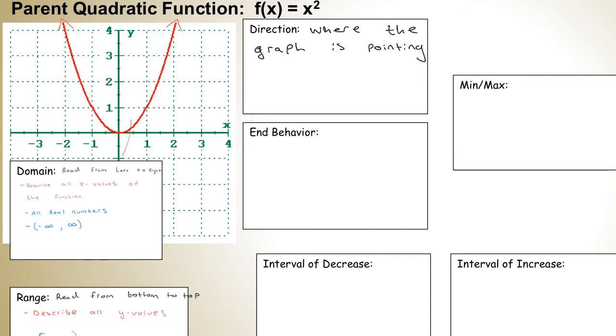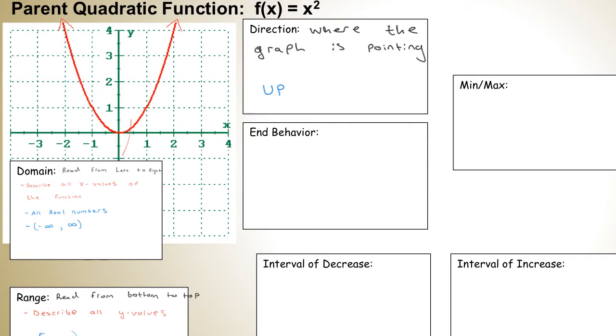We can see this graph is pointing up, okay? And if I look at the function, f of x is x squared, there's no negative in front of it. It's always going to be pointing up. If there were a negative right here, it would be going down. That's what direction is, okay?